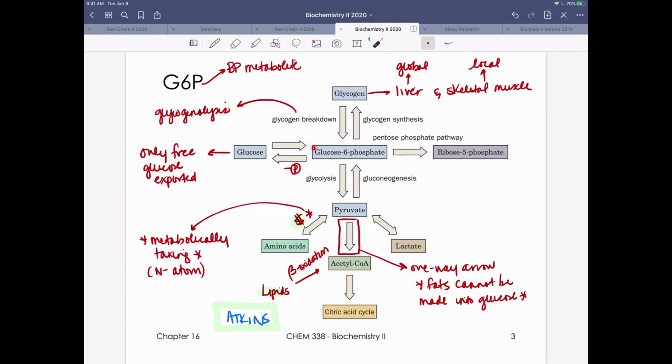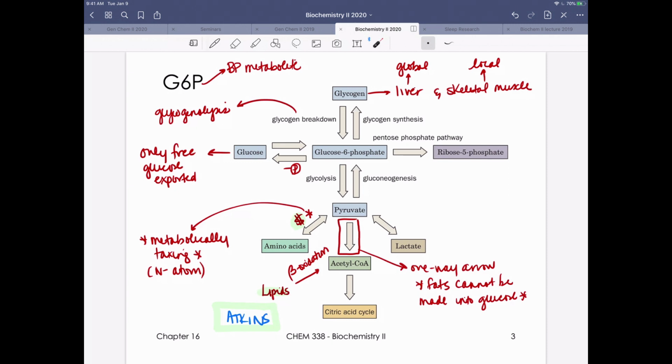Highlighting here, glucose 6-phosphate is what you get as the breakdown product of glycogen. But if you want to export that, you actually need to remove the phosphate because only free glucose can be exported. So that's going to be an important point to highlight the differences in these metabolic pathways between different tissues, for example, with muscle and liver cells.